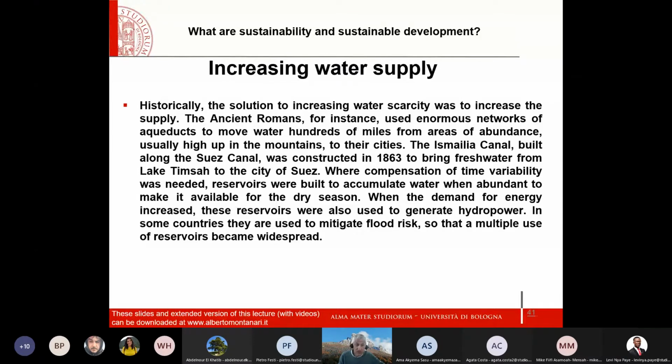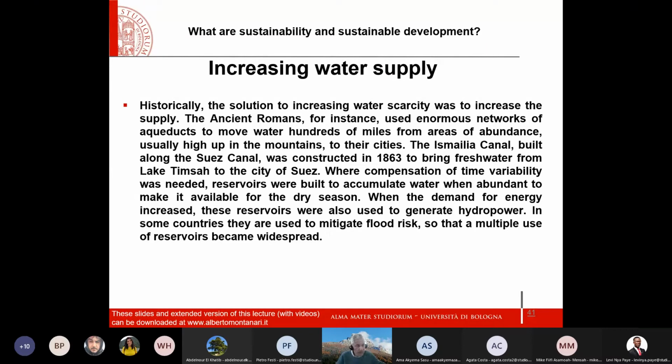And this is a solution that was also used in the past, in the history of humans. Keep in mind that humans always had the problem of securing water. And what they usually did was to increase the supply. When water was needed, they tried to bring more water to the fields for agriculture, to the cities for civil use. And an example is the ancient Romans.